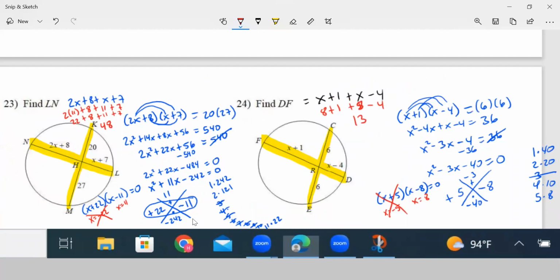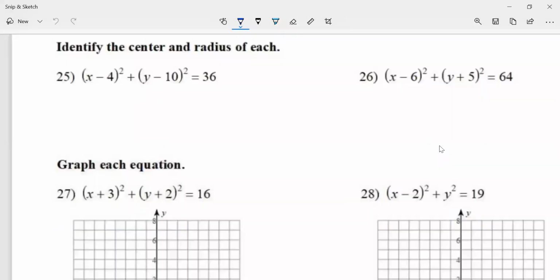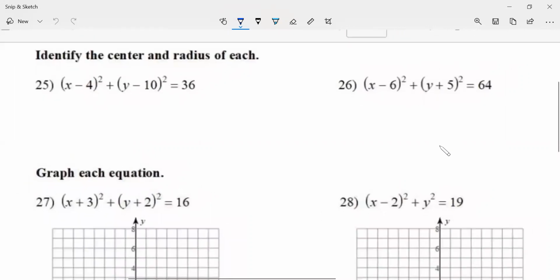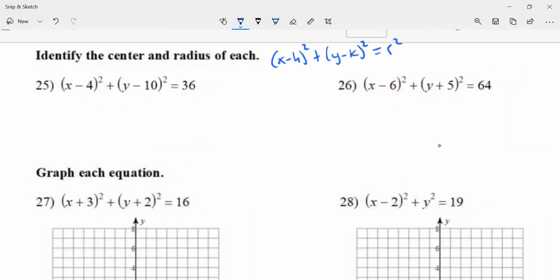Let's finish this thing up. Let's take a look at number 25. Last stretch. We're going to be looking at circles. One cool thing about circles is that if I have x minus h squared plus y minus k squared equal to r squared, my center is going to be the values h and k.